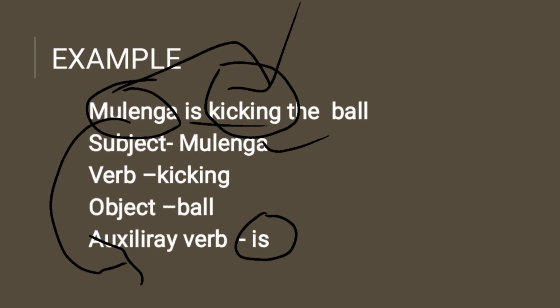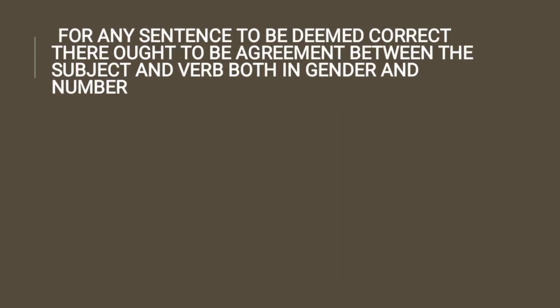So what we look at in subject-verb agreement is the agreement between the subject and the auxiliary verb and not the main verb. For any sentence to be considered correct, there must be an agreement between the subject and the verb.